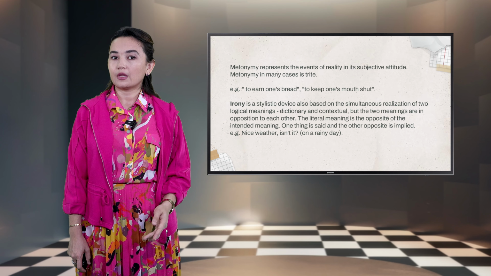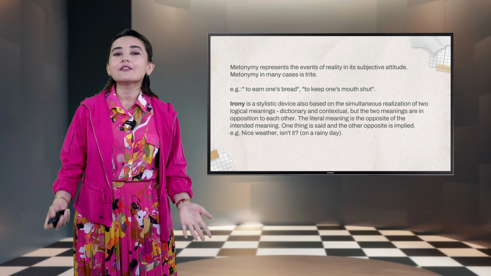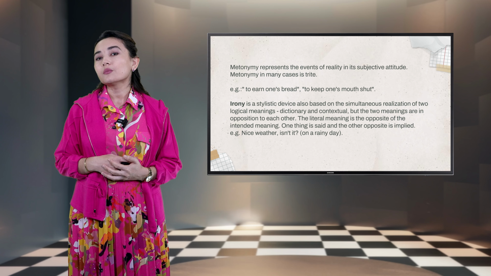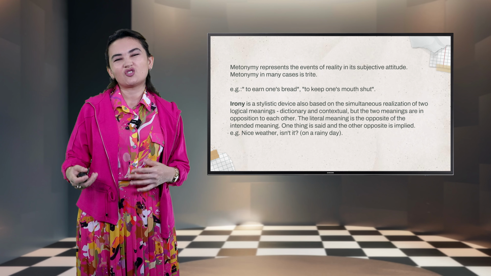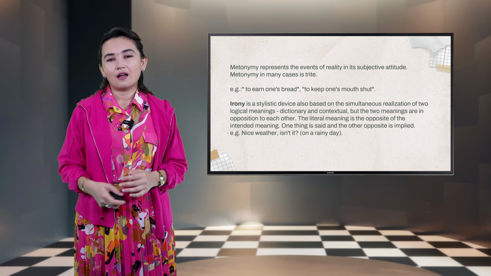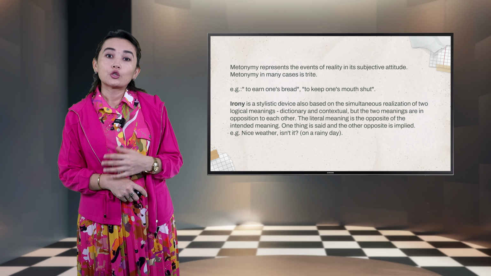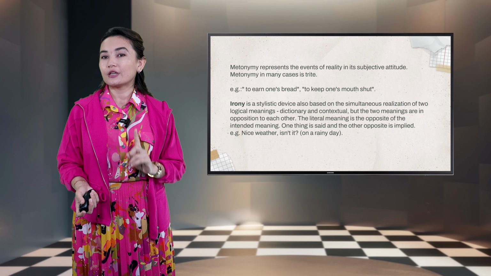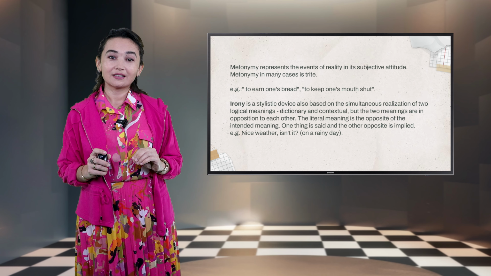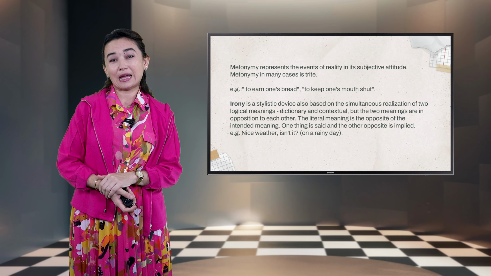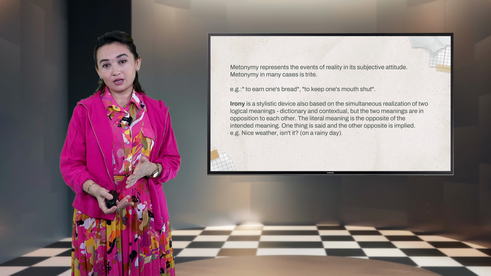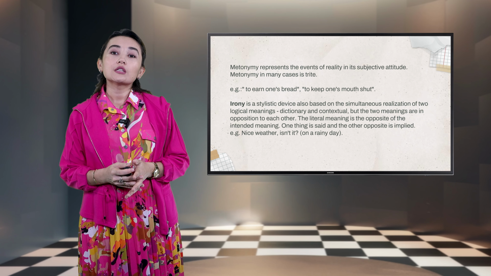So metonymy represents the events of reality in its subjective attitude. Metonymy in many cases is trite. For example, to earn one's bread, or to keep one's mouth shut. So these are the examples, and this is the definition and the information about metonymy which I was going to give you.